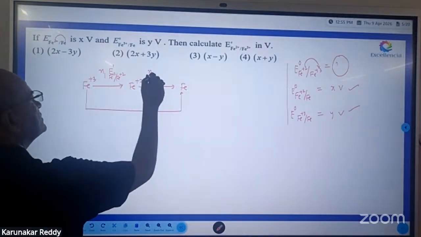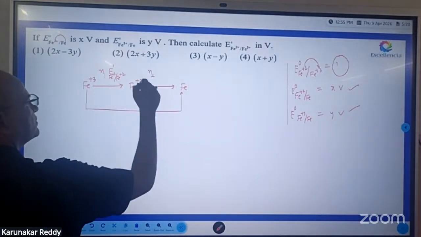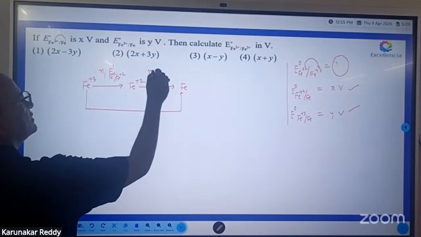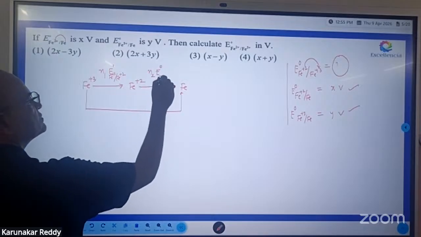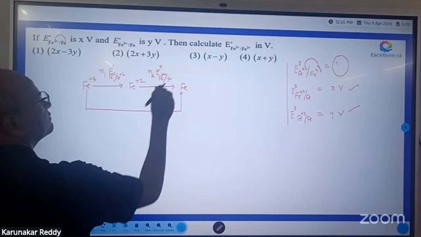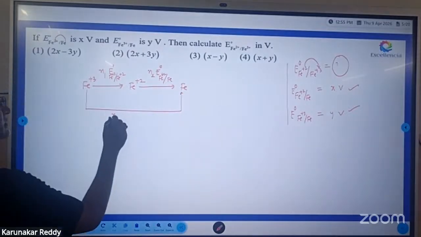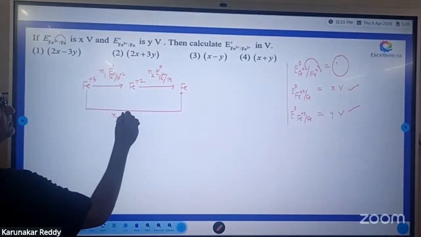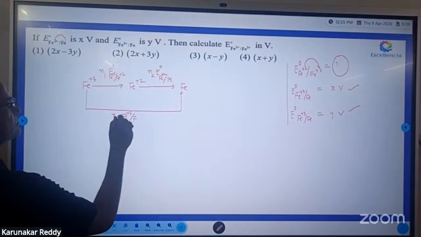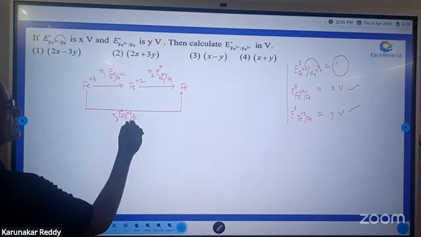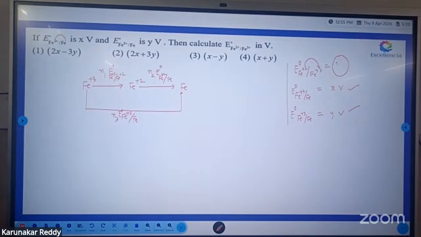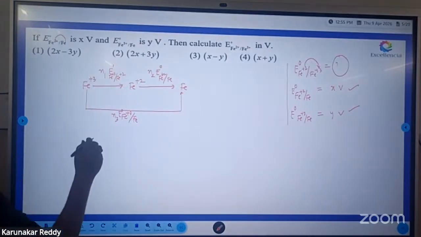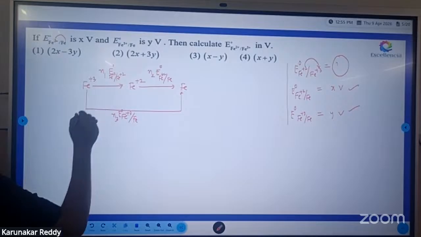Now, this one is considered as N2, the number of electrons involved, and E naught of Fe plus 2 to Fe. And here I'm taking N3 for Fe plus 3 to Fe electrode potential. Now, using this data, I can easily calculate the value.